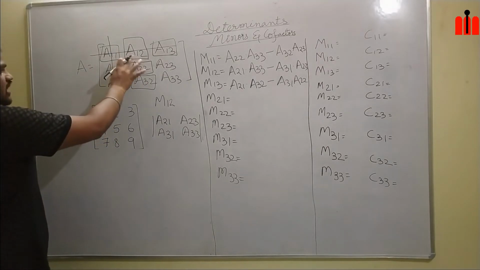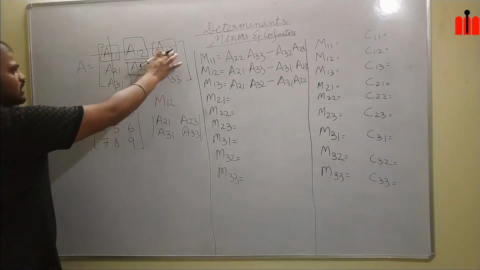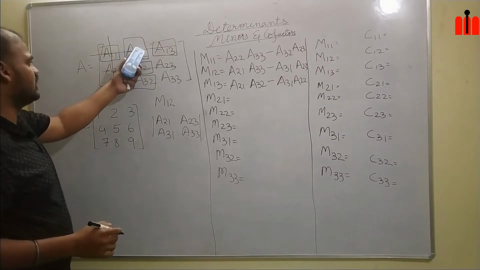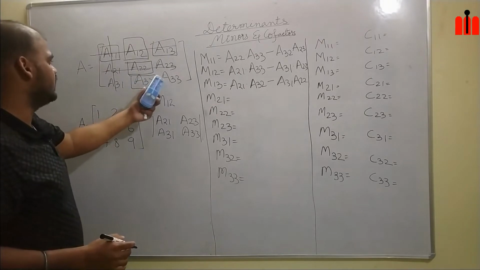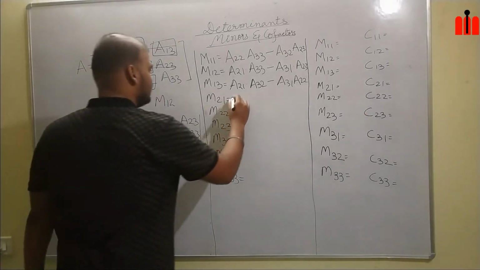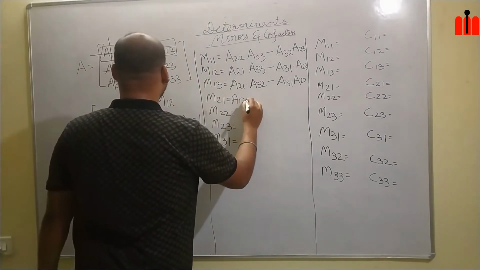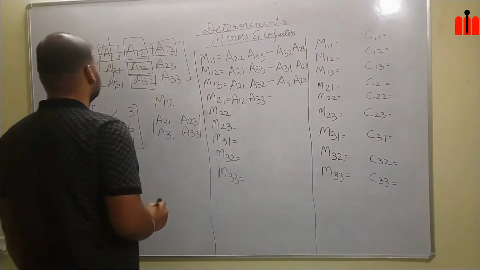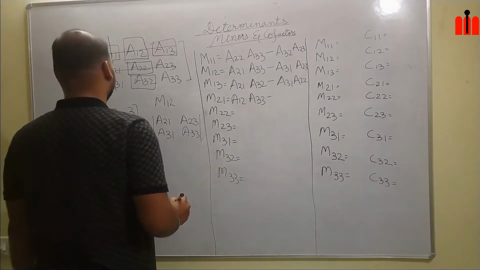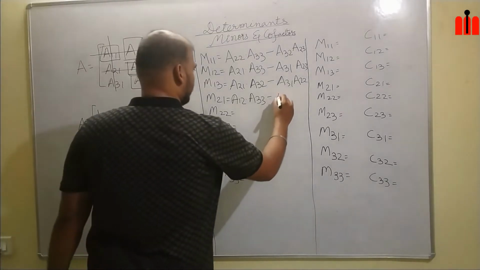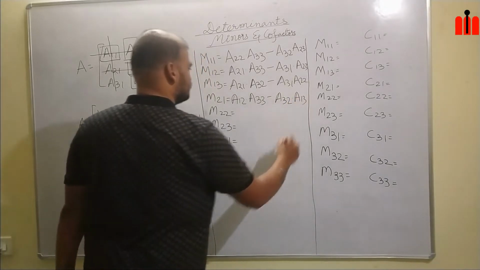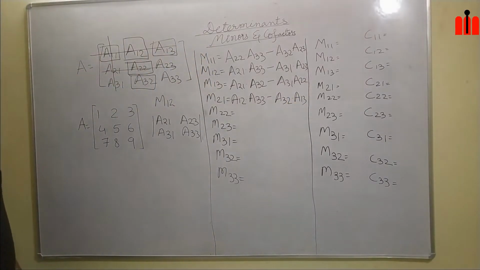This one is struck off, this one is struck off. So we will be left with A12, A13, A32 and A33. So it will be A12 into A33 minus A32 into A13. So this will be my M21.